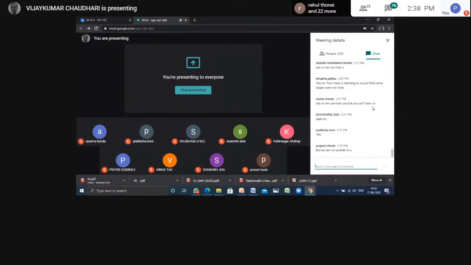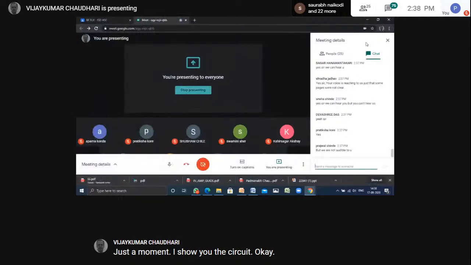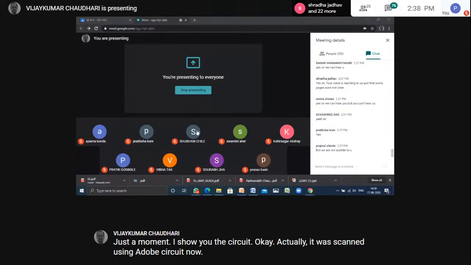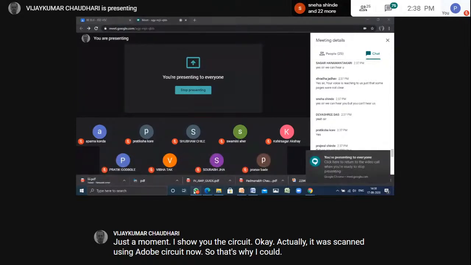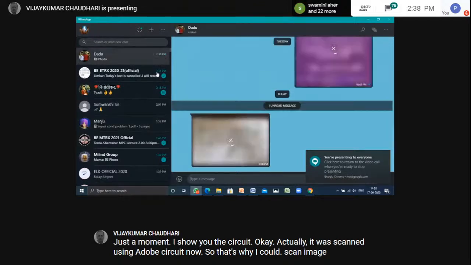Just a moment, I'll show you the circuit. Actually, it was scanned using Adobe Circuit, na? So that's why. It is a scanned image. I'll show it again.